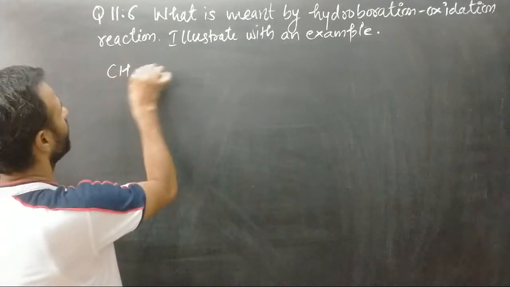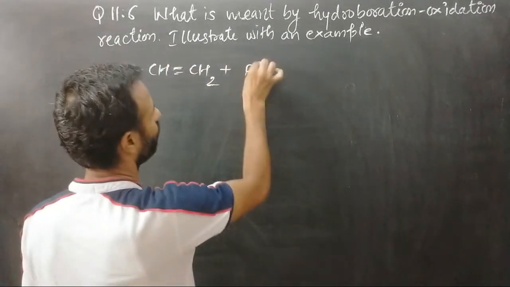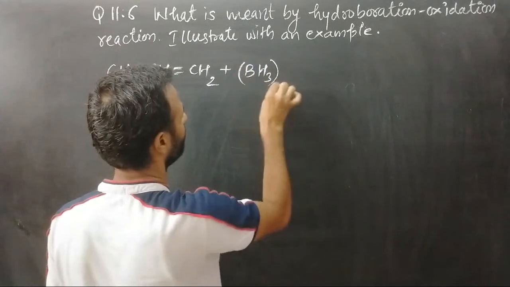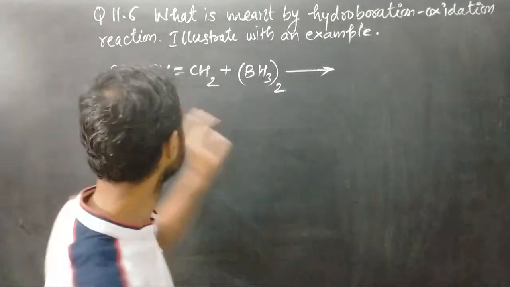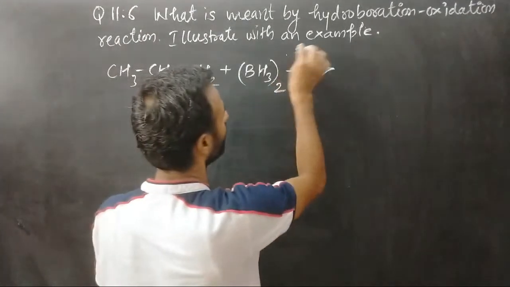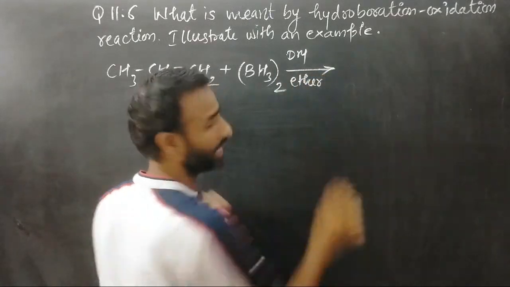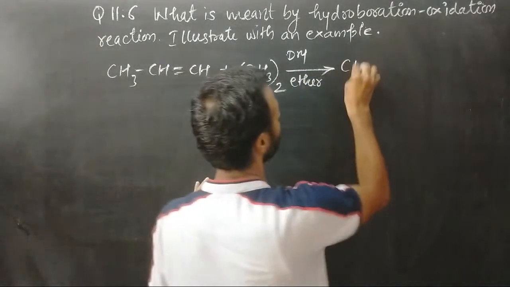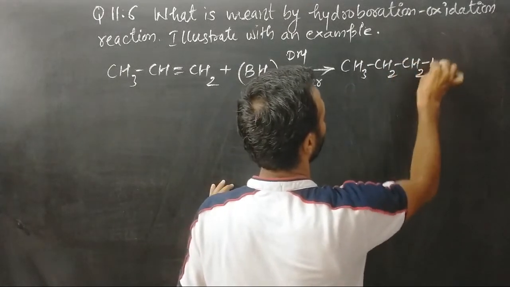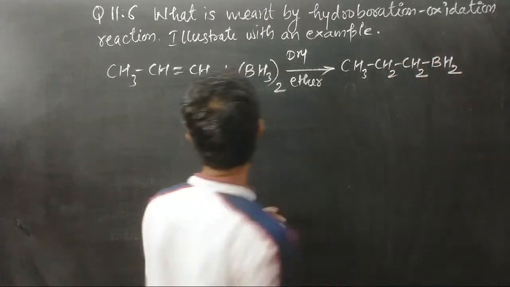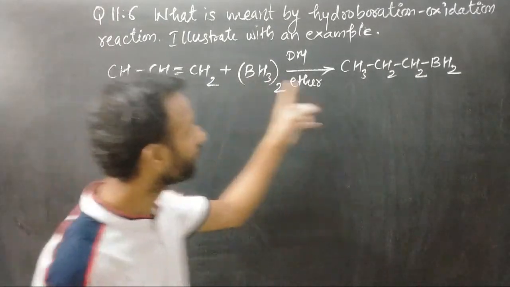Like if we have CH3-CH=CH2, now BH3, actually B2H6 in the form of BH3, is added in it, in THF or dry ether. So we get CH3-CH2-CH2-BH2, means one H and one BH2.